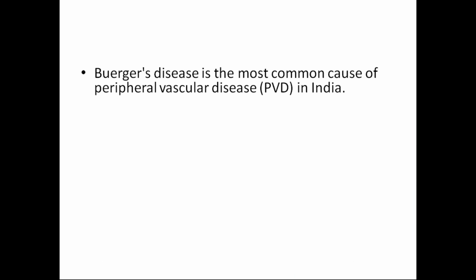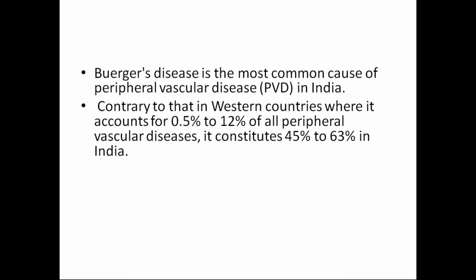Buerger's disease used to be the most common cause of peripheral vascular disease in India, but atherosclerosis is now picking up. In Western countries, atherosclerosis is very common. Smoking is very common even in the Western world, but due to genetic differences, we are more prone to Buerger's disease.